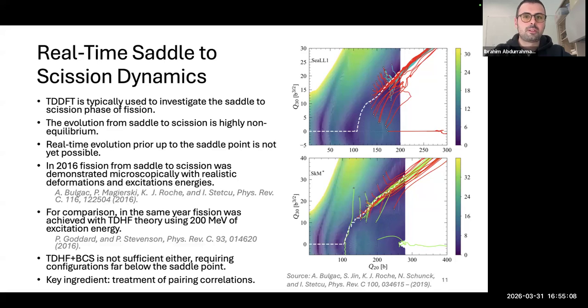So I would say if you wanted some dynamical measurements of both the magnitude but also the treatment of pairing, then there are definitely things you can look at. You can look at particle transfer under the barrier for heavy ion collisions, for example.